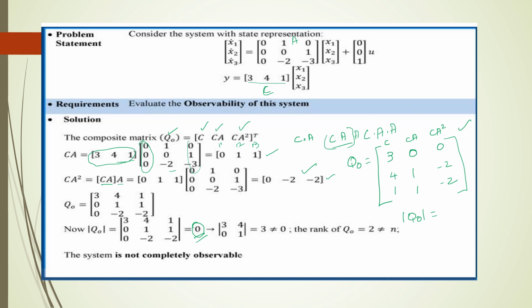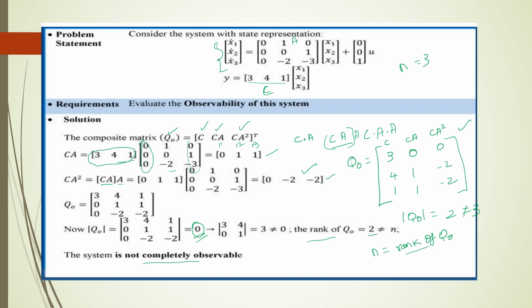Also, we need to find the rank of QO, because we need to check whether n is equal to the rank of QO. We have n as 3, since we have 3 state variables here, and if we find the rank of QO, we have it as 2. So 2 is not equal to 3. So we can say the system is not completely observable.